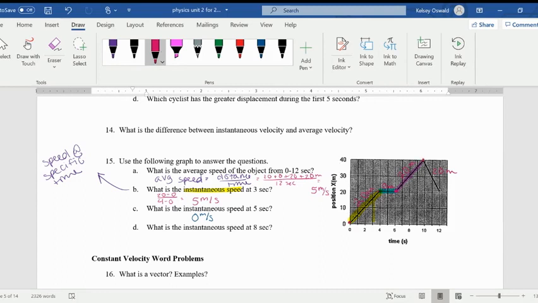I'll find the difference in those two y values. So 40 minus 20 divided by the difference in our two x values there. So at 40, we're about 9.5, and then at position 20, our time was 6. And when we plug that in our calculator, we should find that our speed here was about 5.71 meters per second.